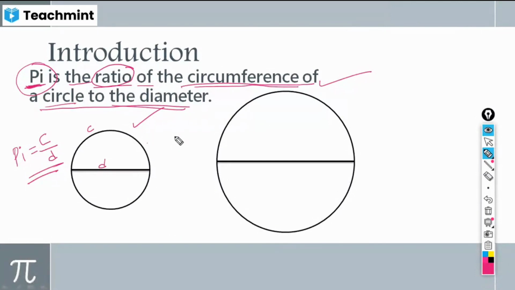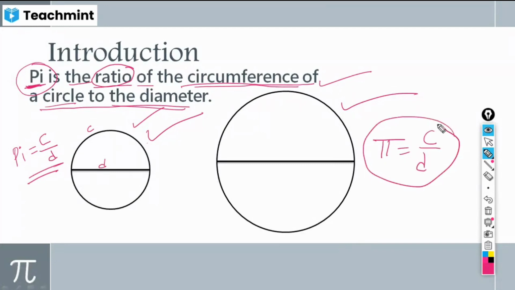If you take a big circle or a small circle or a very small circle or a very big circle, when you divide the circumference by its diameter, its value is always constant. It does not depend upon the size of the circle. Are you getting my point?